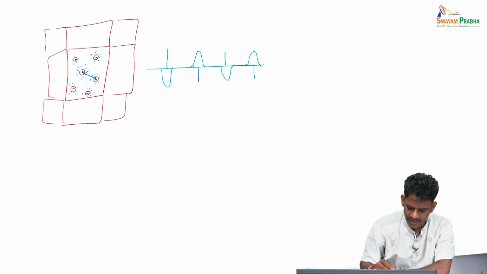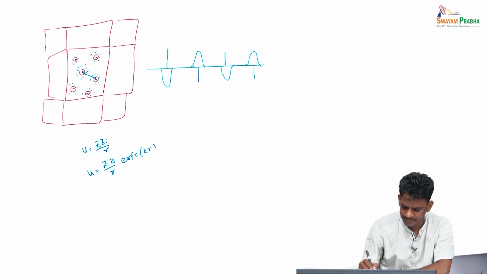That's the reason why the U, which was initially this, now becomes Zi Zj by r, but also the complementary error function of kappa r. So this additional thing comes because of this imposed distribution, but this is something done artificially.